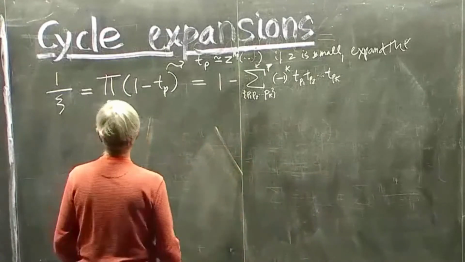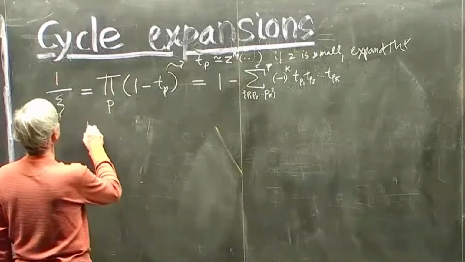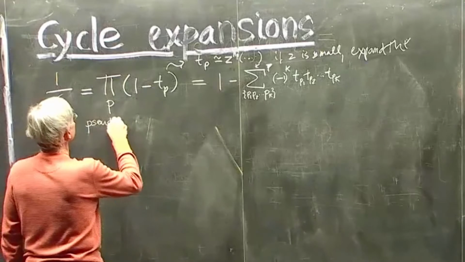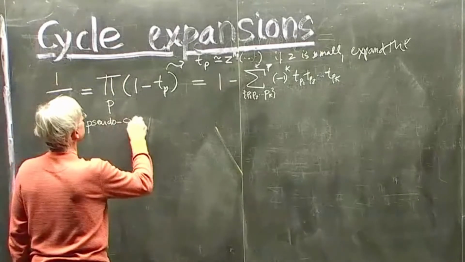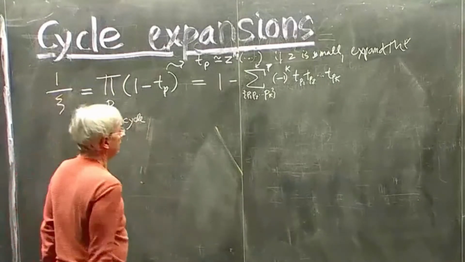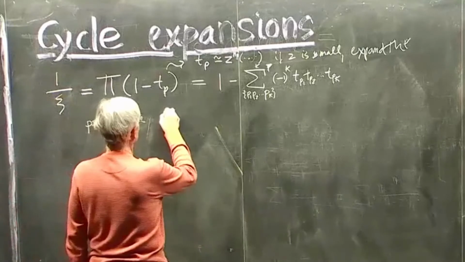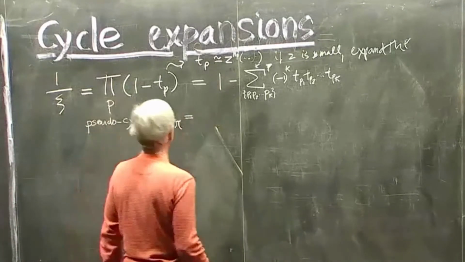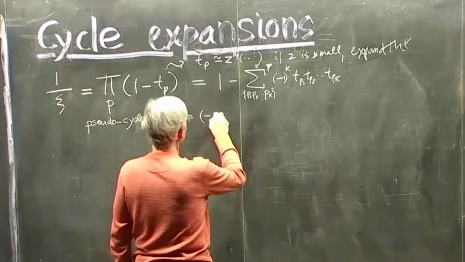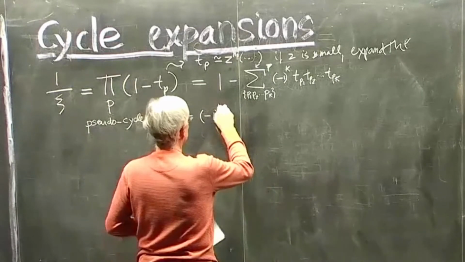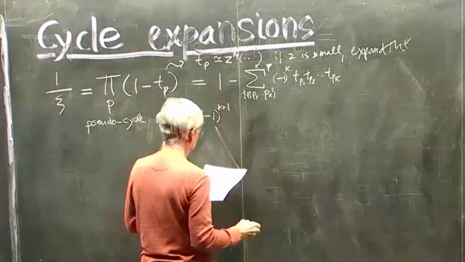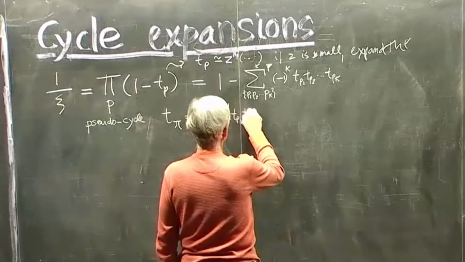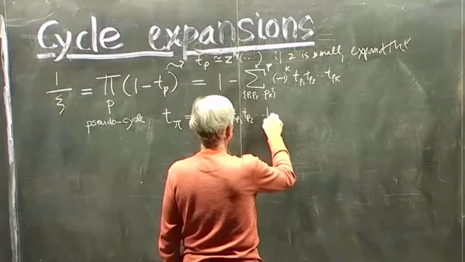Now this combination is very frequent, so we will even give it a name, or other people gave it a name. It's called a pseudo-cycle, and we'll give it notation T pi equals minus 1 to the k plus 1 Tp1 Tp2 Tpk.